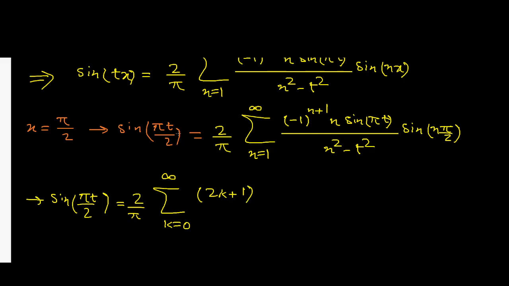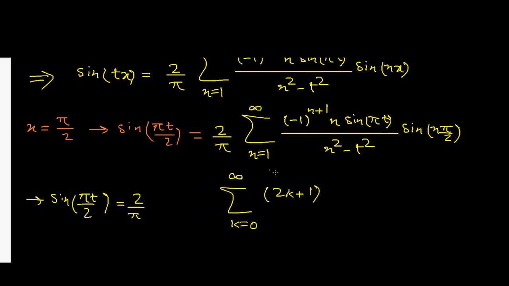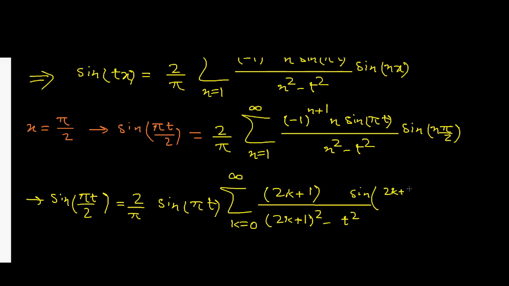And we have that sine of pi t, and by the way, that's a constant with respect to the series, so I'm also going to pull that out. Okay, perfect. And then in the denominator, we have n squared minus t squared, which changes to 2k plus 1 squared minus t squared. And we also get sine of 2k plus 1 pi over 2.